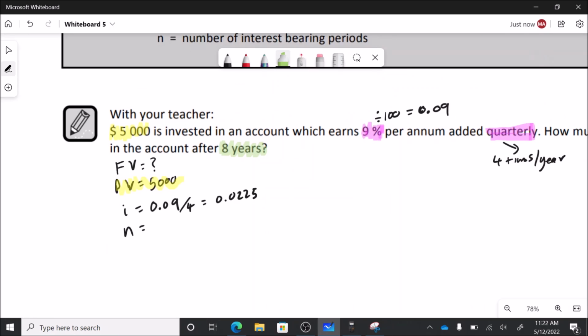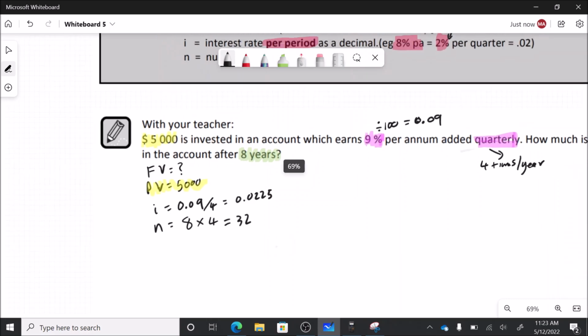Like the football match analogy, if you played 8 football matches and there's 4 quarters in each match, how many quarters have you played altogether in 8 football matches? Well, we multiply the two. In this case, it's 8 years by 4 times per year, which gives us 32 interest-bearing periods. So our n value is 32. Now we go and put those all into the equation.